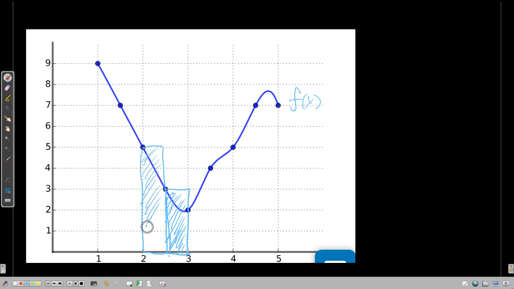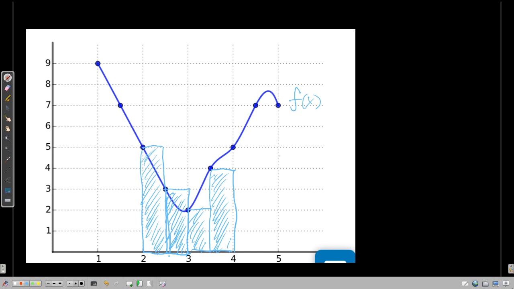The top left corner, because it's a left Riemann sum. Here's my 3rd rectangle, and here's my 4th rectangle. And now I've got 4 rectangles that approximate that area.